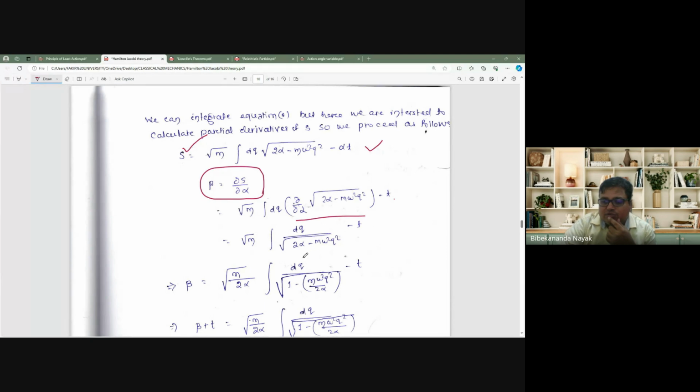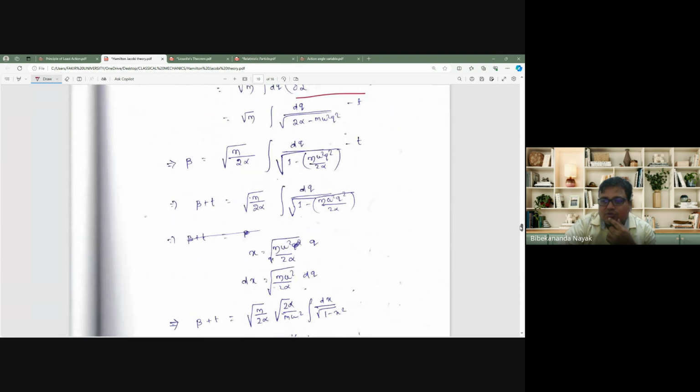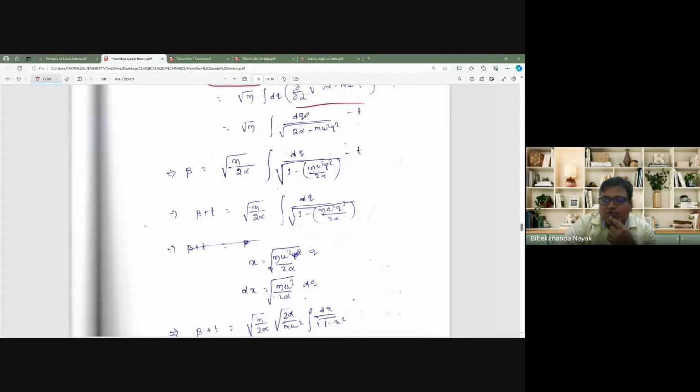Why do I write this? Because we can integrate this function; it is very difficult to integrate the earlier one. It gives a form in 2 alpha. If you take root 2 alpha common, then I write this as dq by 1 minus some a square q square. Put x is equal to root of m omega square by 2 alpha into q.